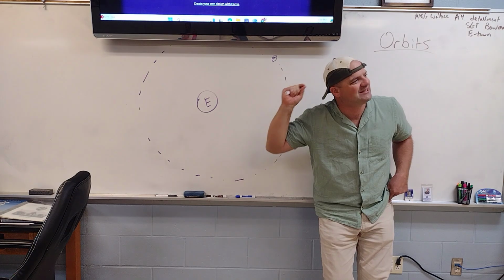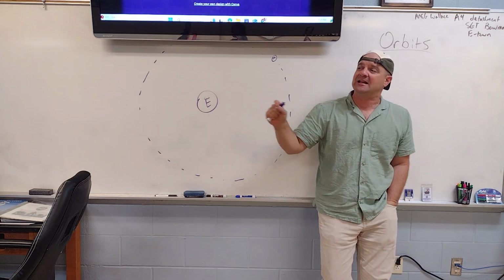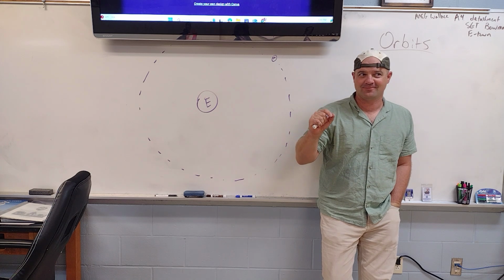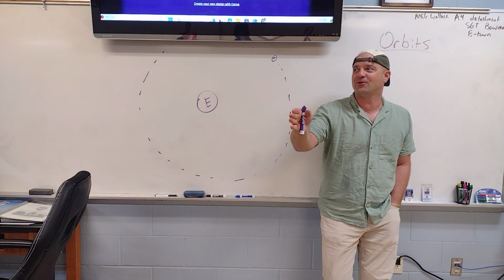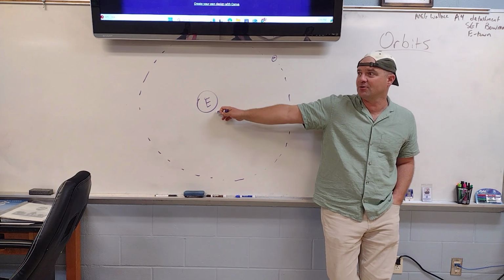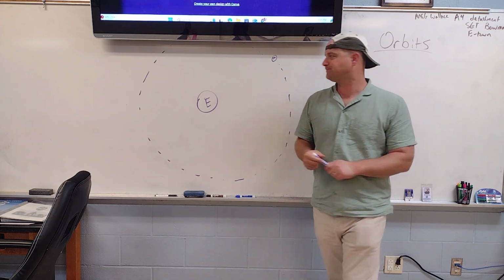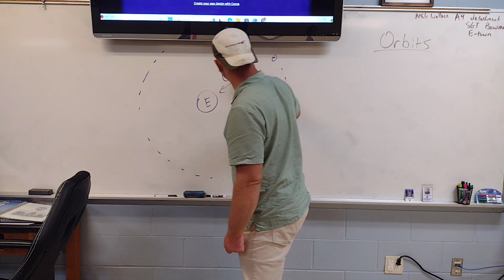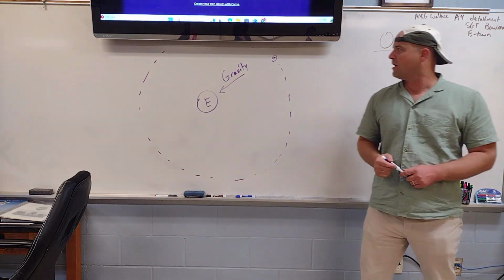It will move with the same exact instant velocity forever unless acted upon by, in this case, Earth's what kind of force? So we've got gravity acting on it. That's the force acting on it, okay?